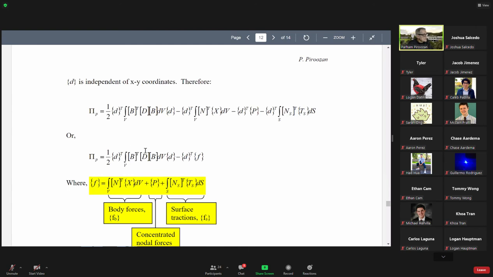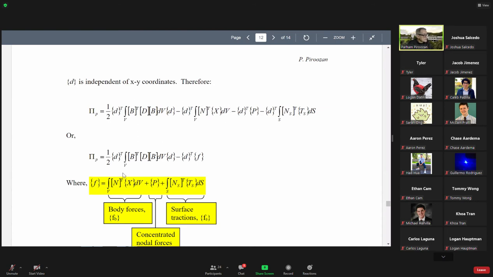And then, this total potential energy, we can write it like this. Factor this D transpose out. So it would be this one times D, minus D transpose, factor this out, minus F, where this F is this remaining term.